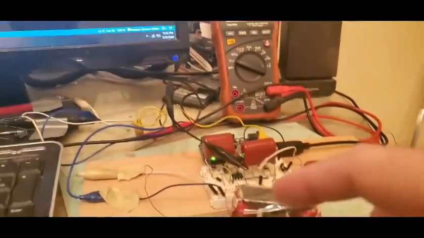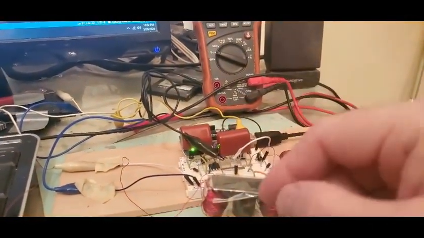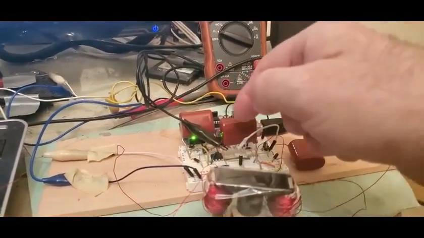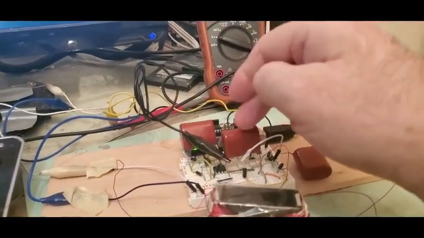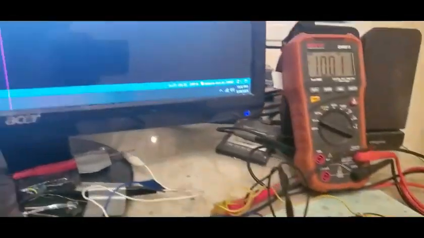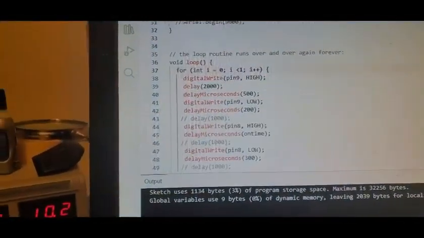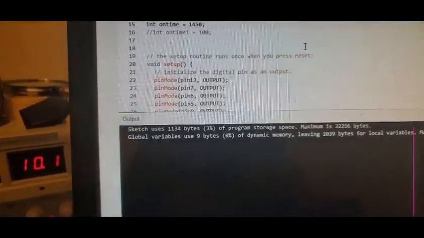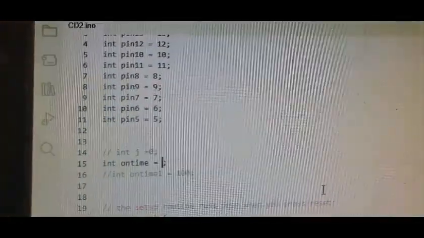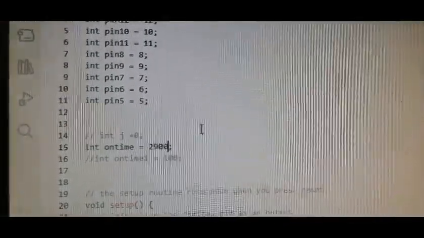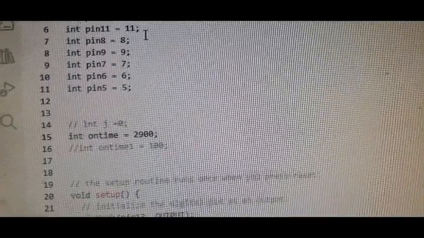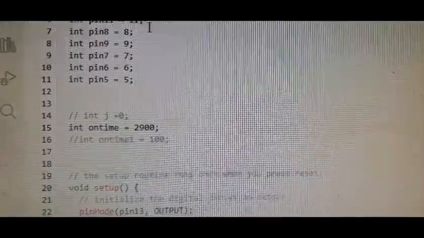But that doesn't really help us, does it? Because when you come out of this, the cap's at negative 9, so you'd need 19 volts into there to refill the cap. So if we double this time from 1450 to 2900, then this should be where the cap makes it as close back to 10 as it's going to get.